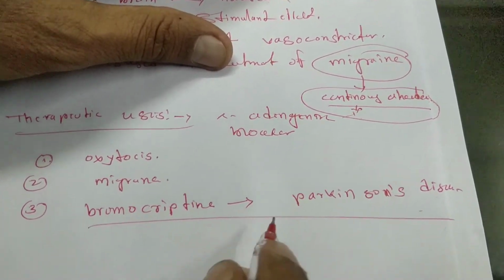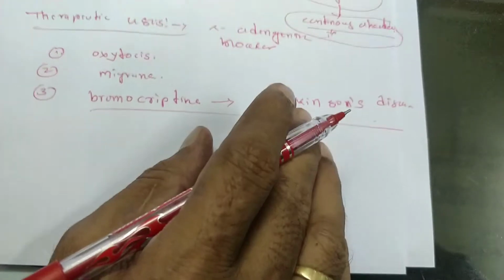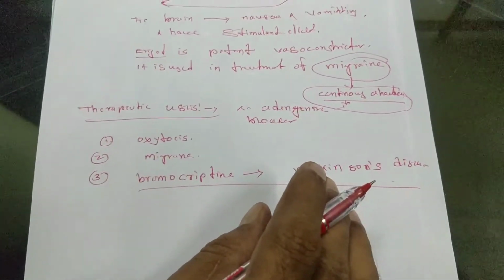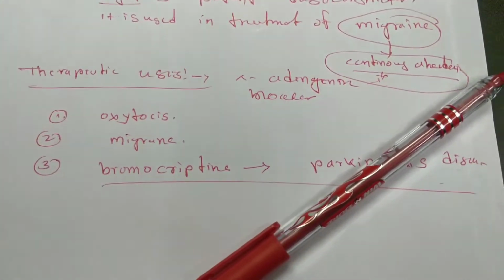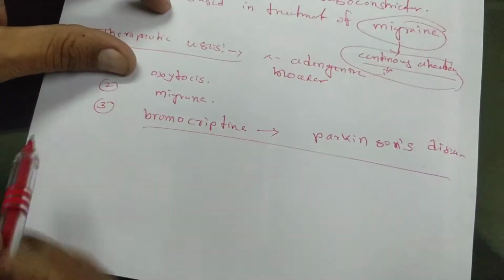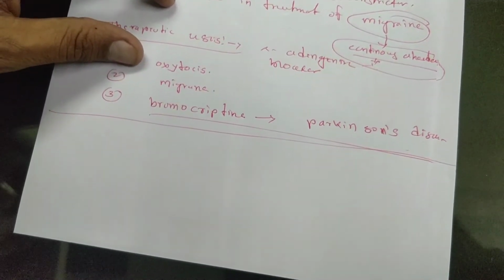Ergot alkaloids and bromocriptine are used in treatment of Parkinson's disease. Now these are the alpha receptor blockers. Now the next topic, we continue the chapter.